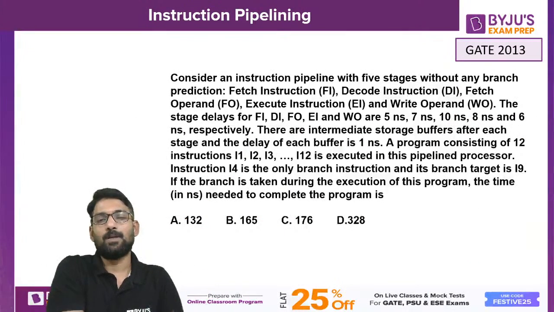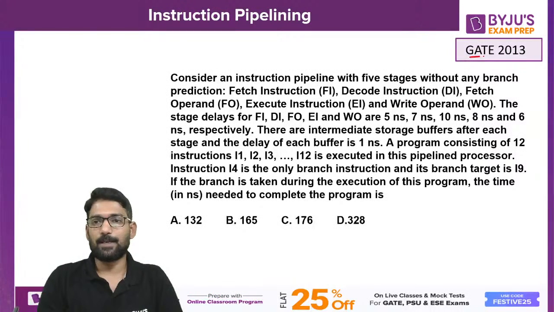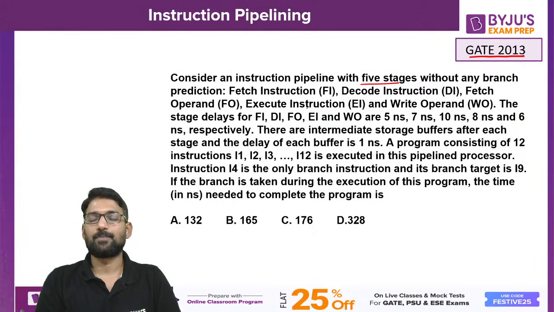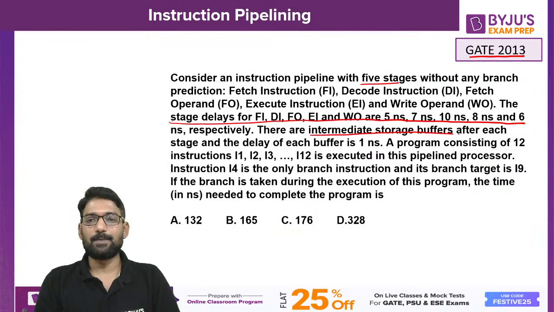Now look at this question, which is a 2013 GATE question. Consider a pipeline with 5 stages without any branch prediction, and the stage delays are given as 5, 7, 10, 8 and 6, and there is an intermediate buffer, and that buffer delay is 1 nanosecond.